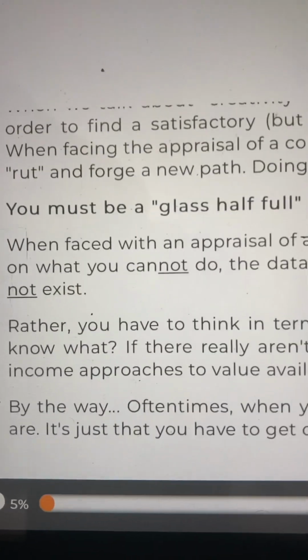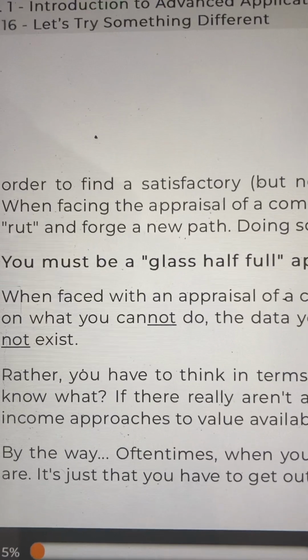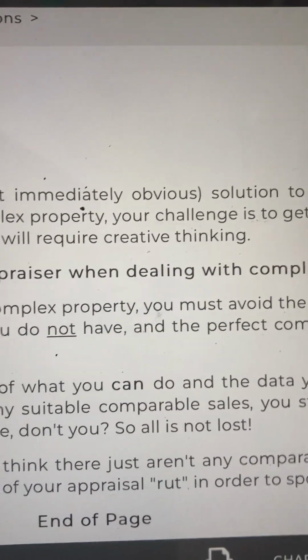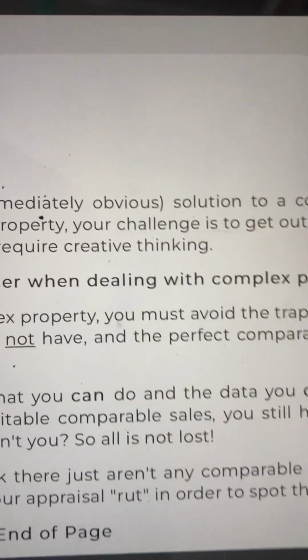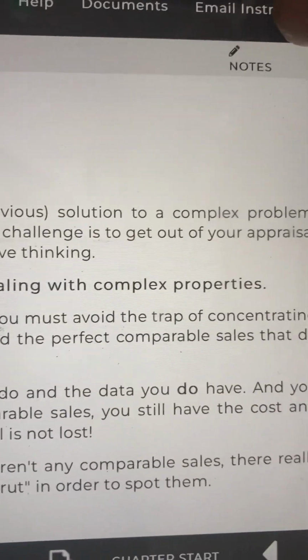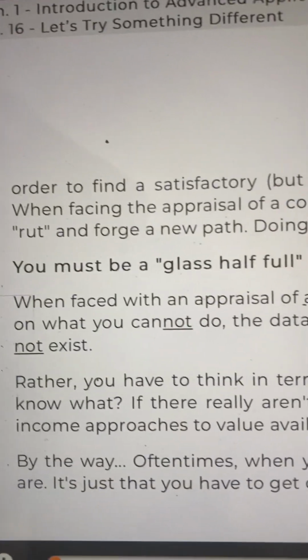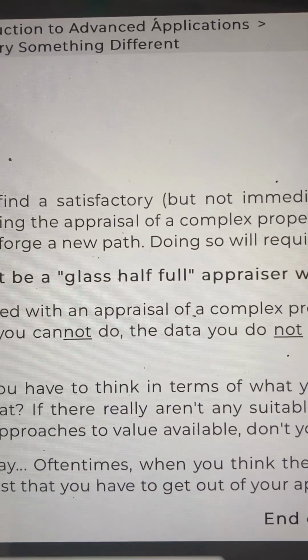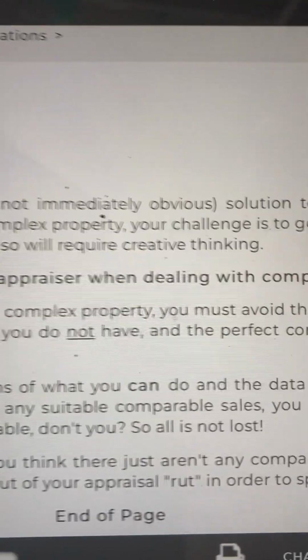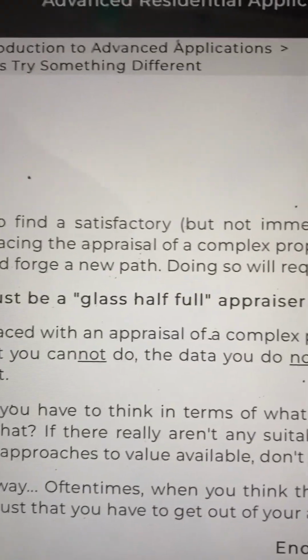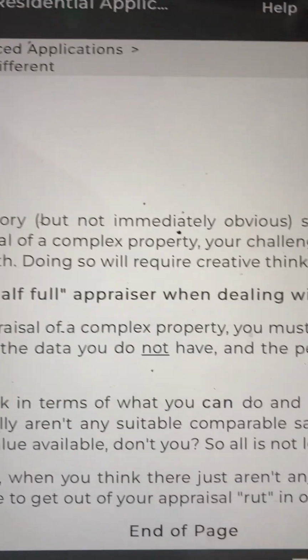Rather, you have to think in terms of what you can do, and the data you do have. And you know what? If there really aren't any suitable comparable sales, you still have the cost and income approaches to value available, don't you?